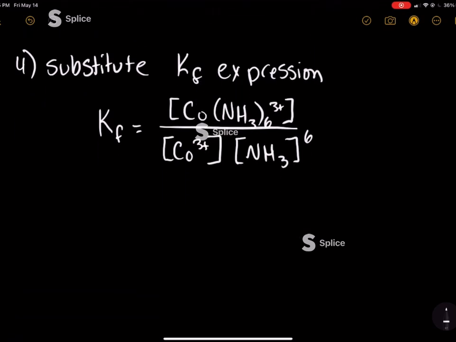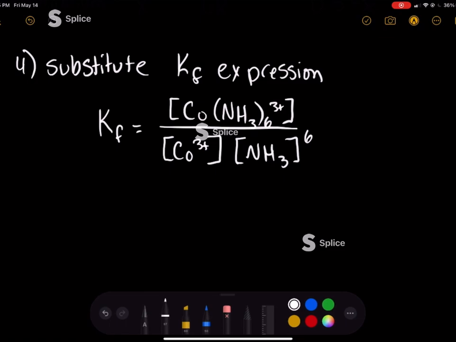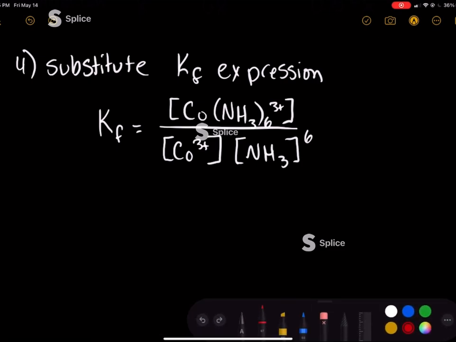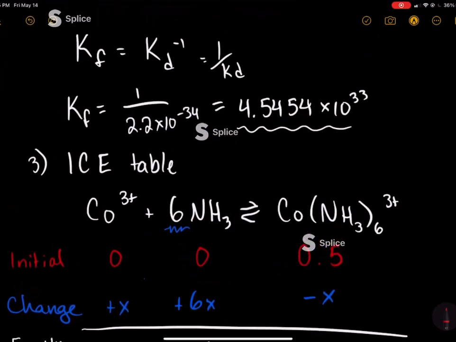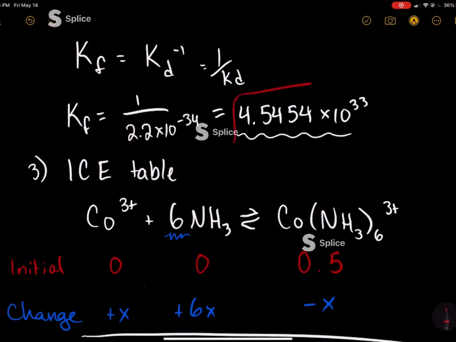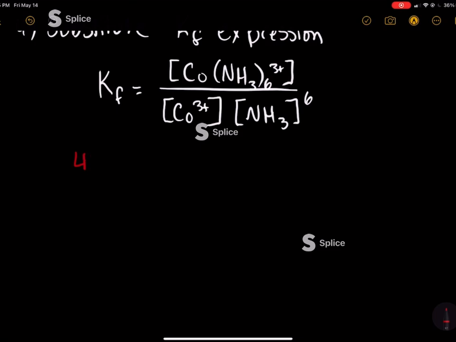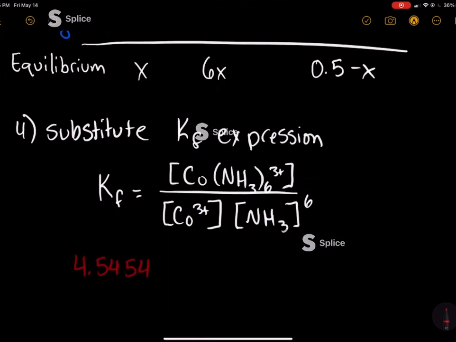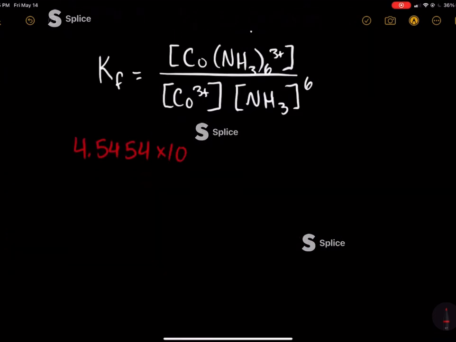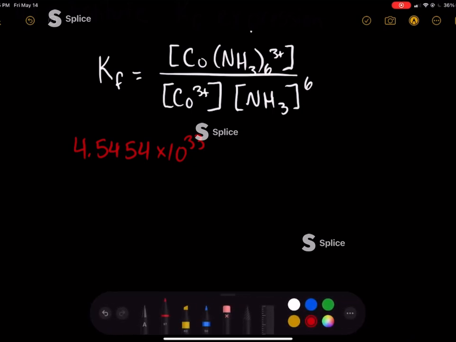So substituting in values, we have Kf, which we saw up here was this value, 4.5454 times 10 to the 33rd, equals our change.